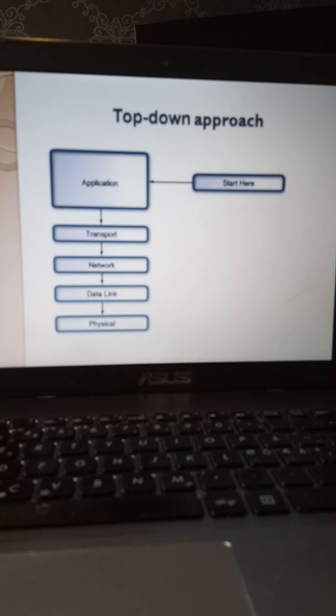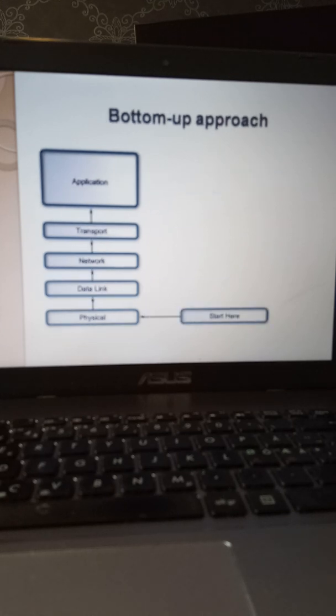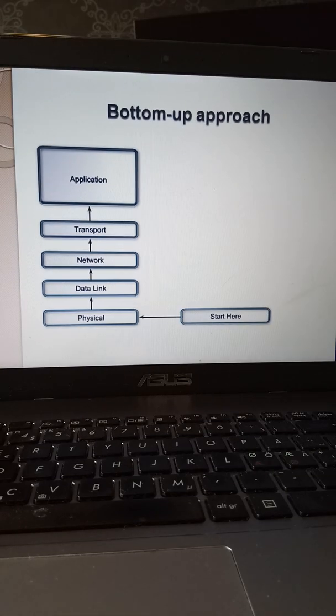In the top-down approach, we start troubleshooting from the application layer and go down to the physical layer. In the bottom-up approach, if the network is not connected, we look first at the physical layer, then the data link and network layers, and so on.